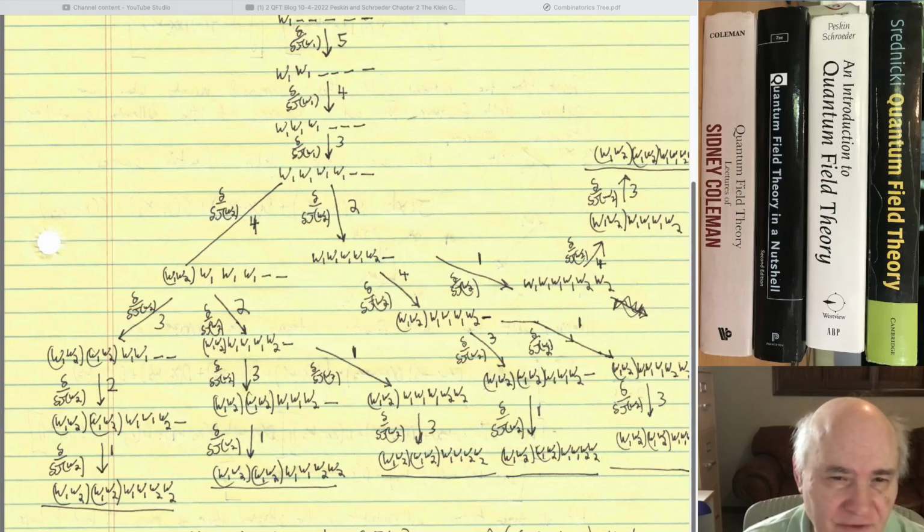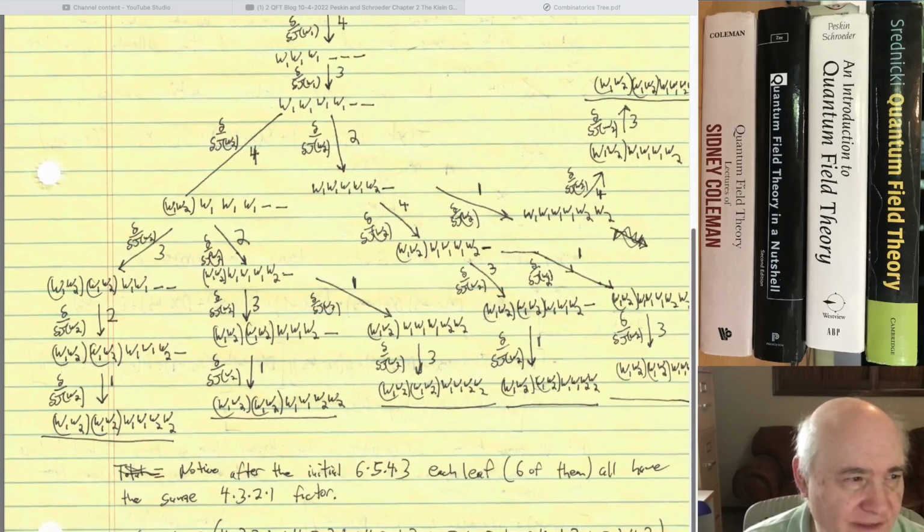And I'll end up with a generic term where parentheses mean that's applied to one factor, where one factor has W1, W2. The first factor has 2 derivatives applied. Then I have W1, W1, W1, blank, blank. Now, with that factor, I can apply another derivative with respect to W2.